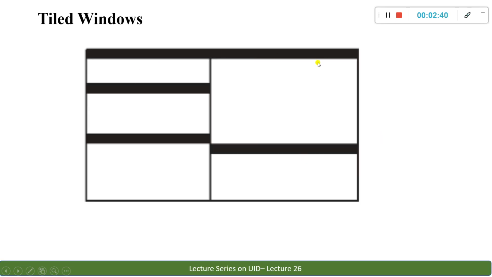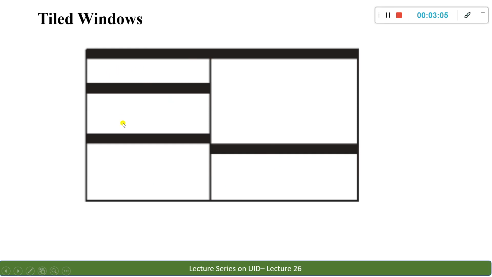So this is an example of tiled windows. If you want to see this, especially if you visit Windows XP, this was the common thing. If you just double click on My Computer, it was opening such a window which was tiled and all the information is present. So this is the first tile, second tile, third tile, fourth tile, fifth tile.